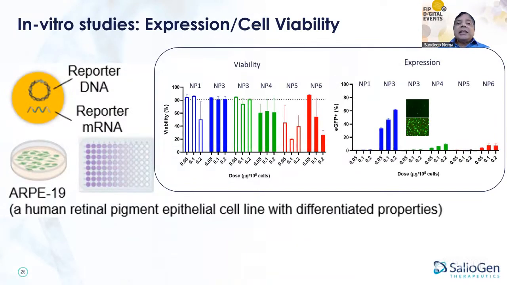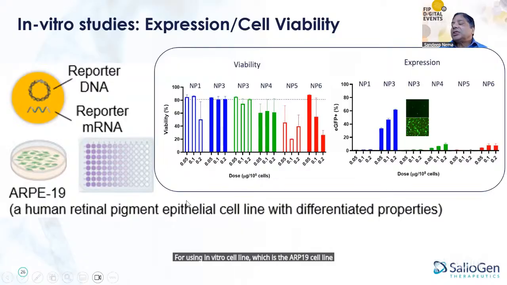So as I said, the first step was to screen these LNPs using an in vitro cell line, which is the ARPE-19 cell line. As I mentioned, it's a differentiated cell line. It's a normal cell line, so it's not a disease cell line.